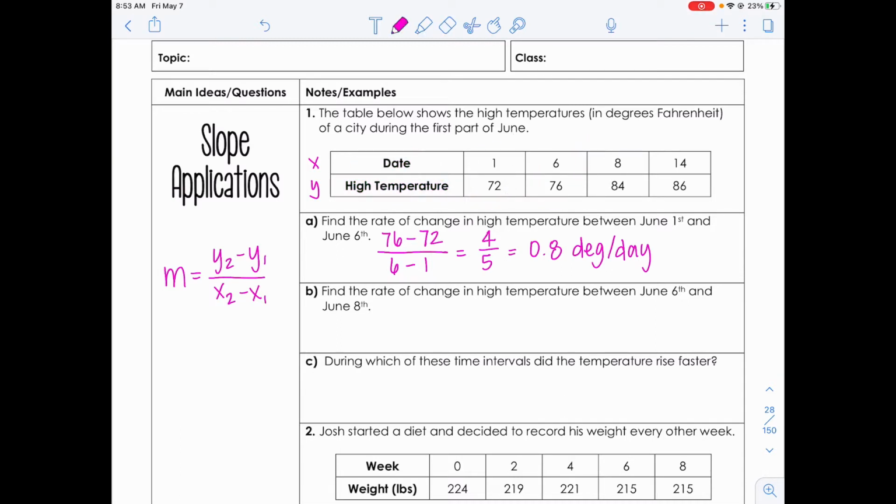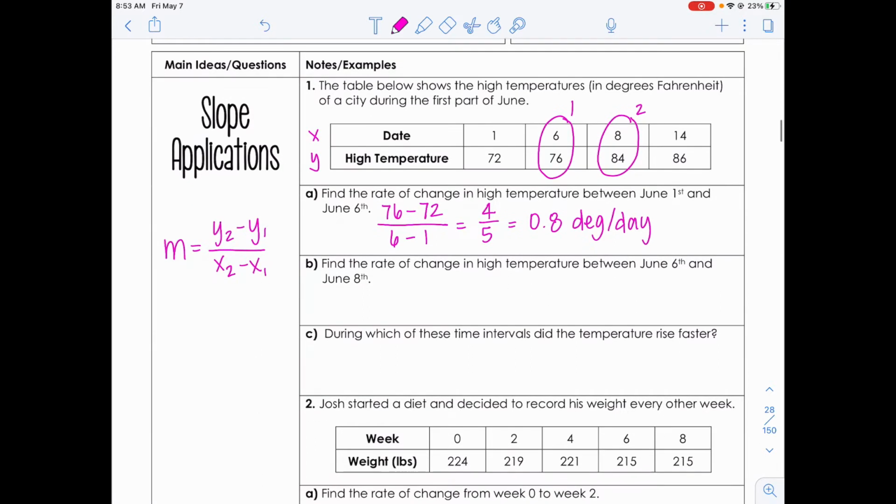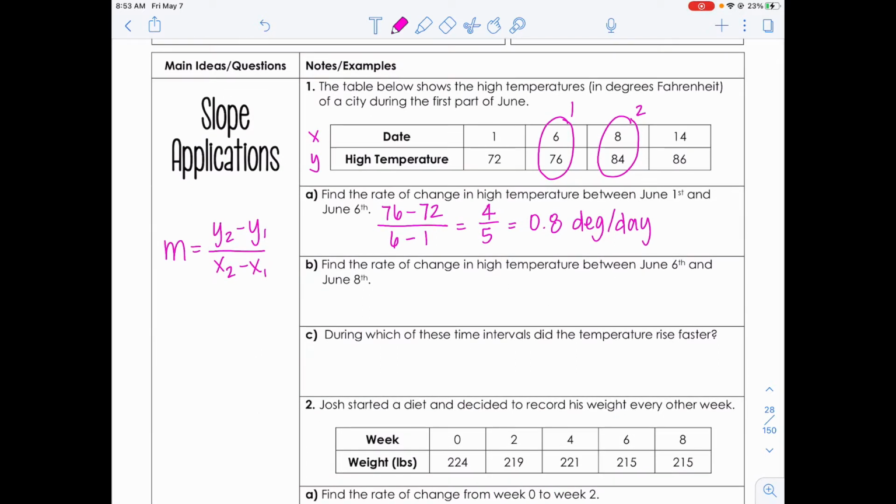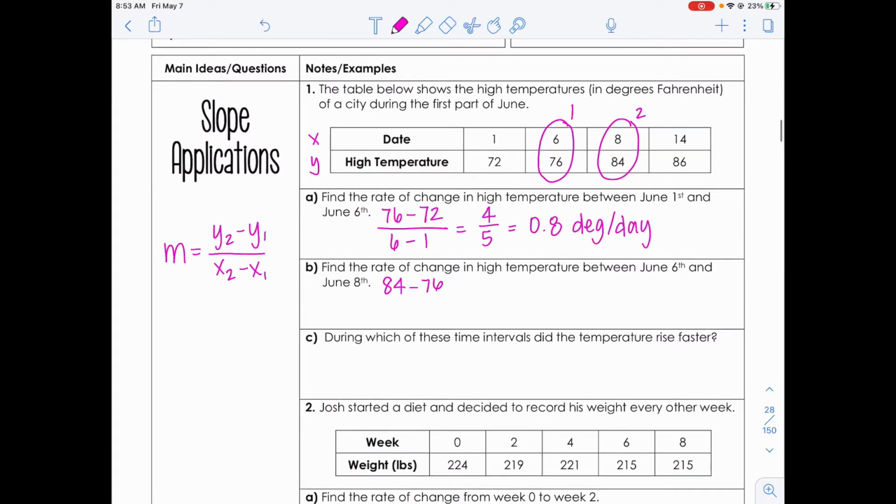For B, it says find the rate of change in the high temperatures between June 6th and June 8th. So now I'm going to look at the 6th and the 8th. Again, it doesn't make a difference which one you do as Y2 or which one you do as Y1. For simplicity, I'm going to call these my 1s, these my 2s. Plugging them into my slope formula, we're going to do 84 minus 76 over 8 minus 6.